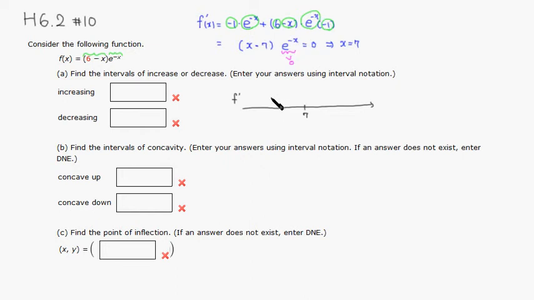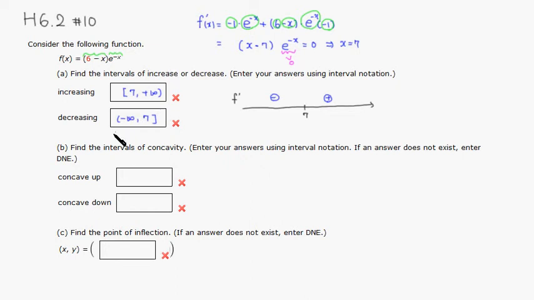So we have a negative sign here. After 7, like 8, 8 minus 7 is positive, so it's all positive. So we can see that it's increasing on the interval from 7 to infinity, and decreasing on negative infinity to 7.